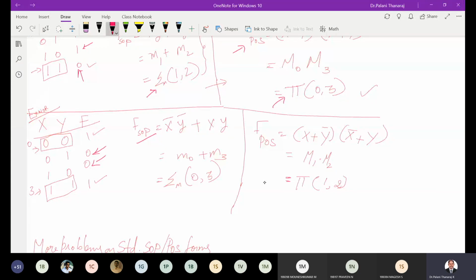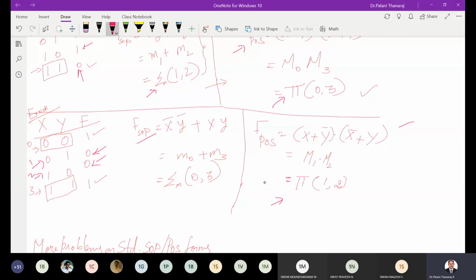So we'll be having x plus y bar into x bar plus y. Its combination is, this is actually 1 and this is 2, right? So max term 1 and 2. So I can write in this form. So this is POS form. These are mutually exclusive.